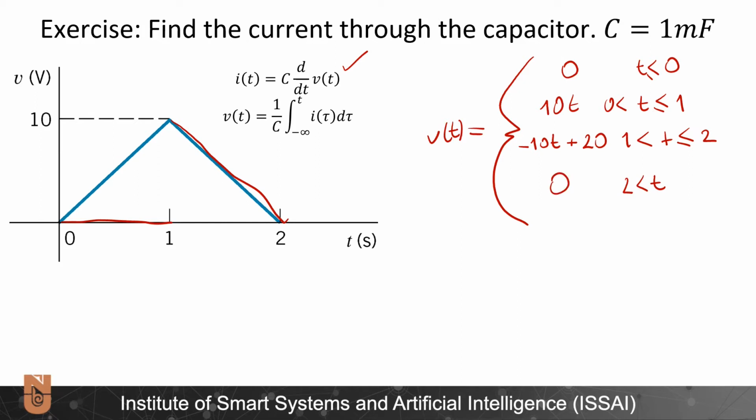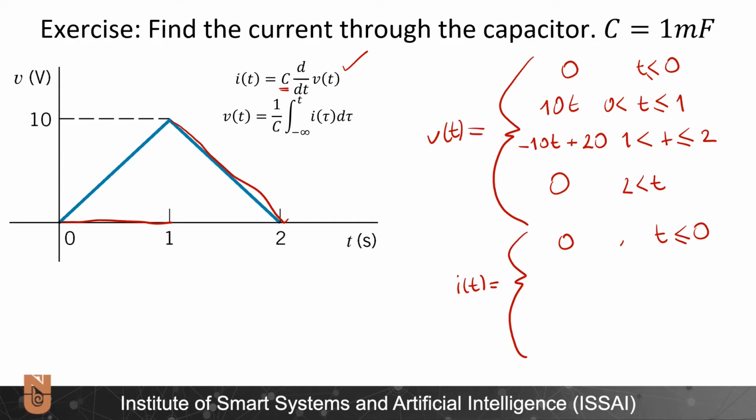So let's take the derivatives of this and multiply them with C in order to find the current values. According to this, I of t will be equal to, I will just draw this like that. Obviously, the derivative of 0, a constant, is equal to 0 for t less than or equal to 0. 10 is the derivative of 10t, but I will multiply it with 1 millifarad.